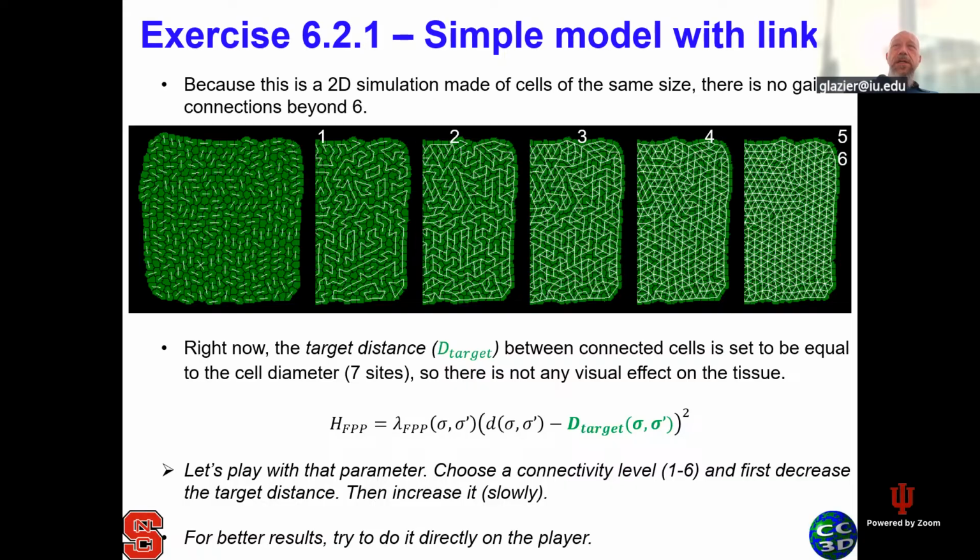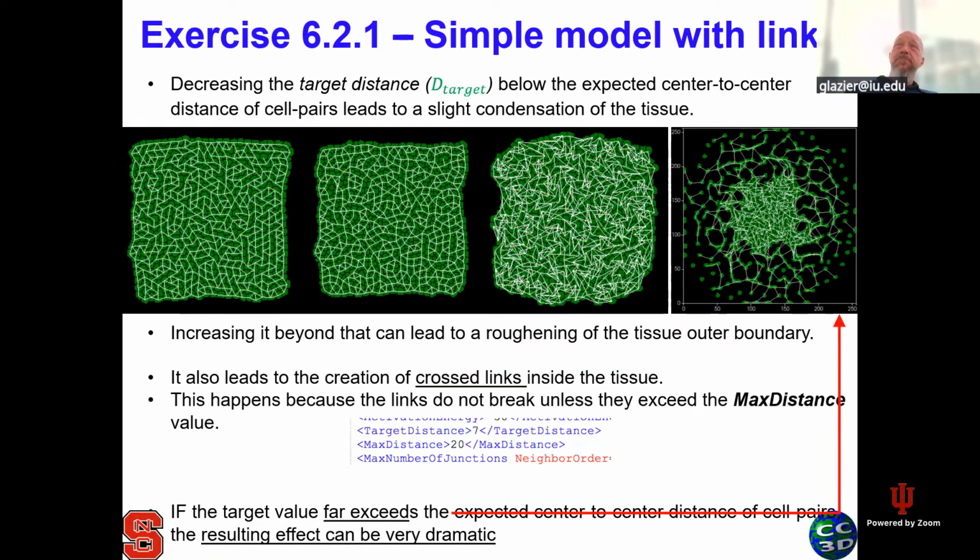And we also changed the target distance to make it more compressed and then extended it. And Julio suggested that we do this actually in the steering panel and player instead of in the XML, but we did those exercises.